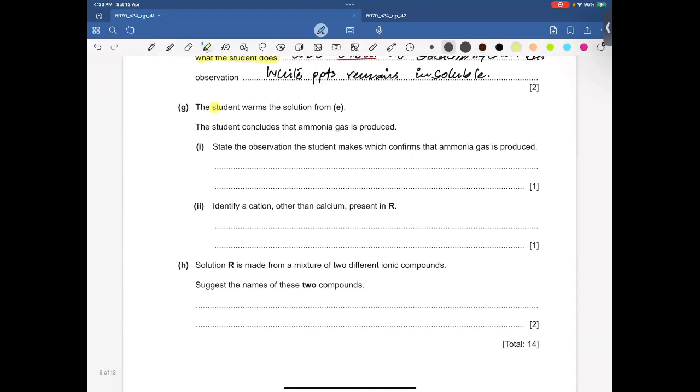The student warms the solution from E. The student concludes that ammonia gas is produced. State the observation the student makes which confirms that ammonia gas is produced. So ammonia is an alkaline gas and it changes damp red litmus paper into blue.